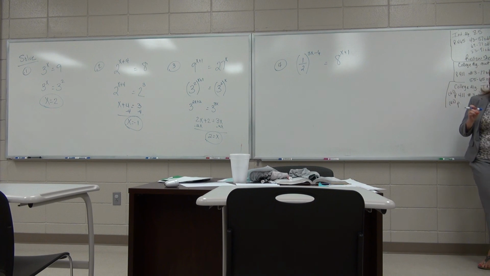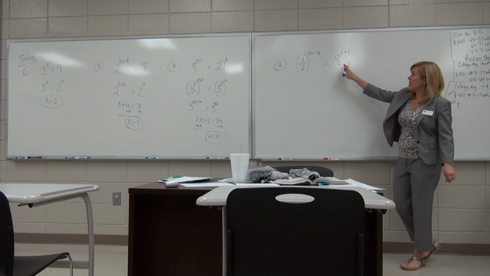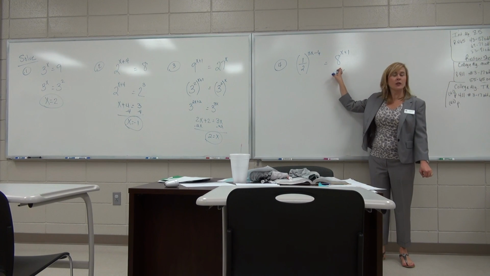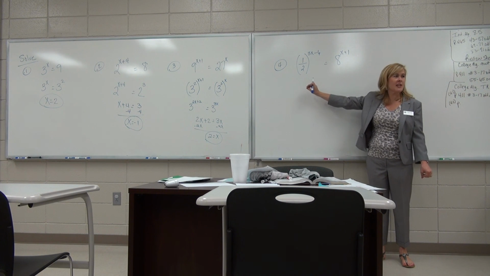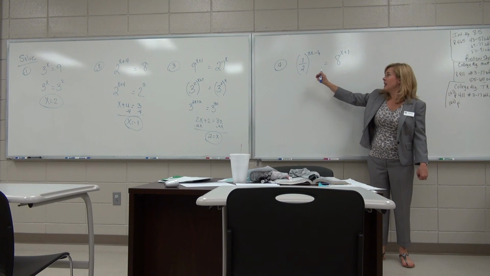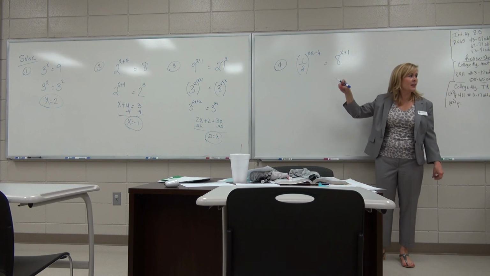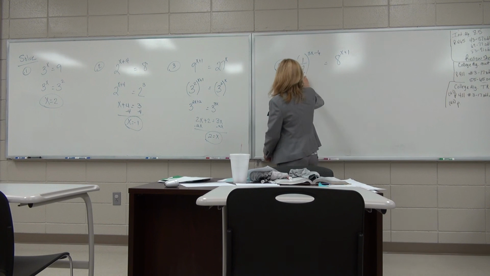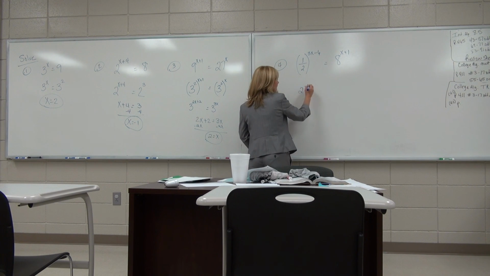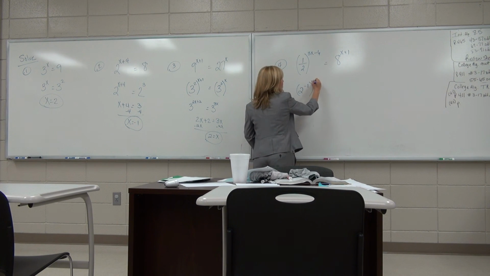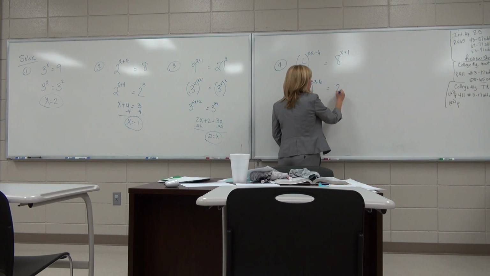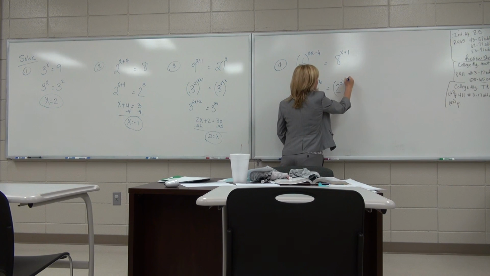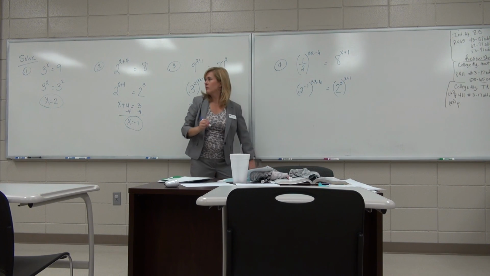Do you agree 8 is 2 to some power, and you can write 1/2 as 2 to the negative 1. So anytime you see a fraction, this is going to be your worst case scenario, but if you remember this, it'll help you. So this 1/2 I'm going to write as 2 to the negative 1, and that's to the 3x minus 6 power. 8 I can write as 2 cubed, and that's to the x plus 1 power.